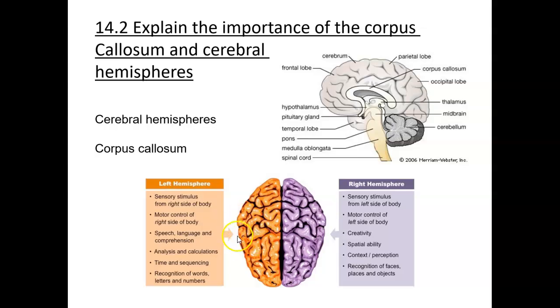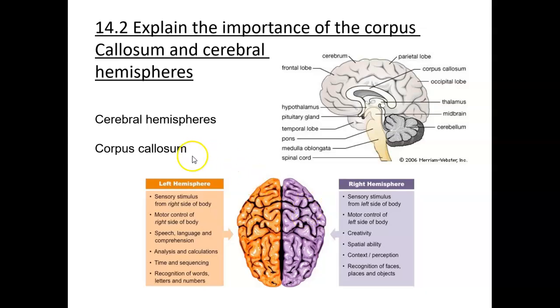Typically, that would be a stroke on the left side of the brain, because the left side of our cerebrum is involved with speech. And you can see here on the right side, there's a place that's involved in recognition of faces. There are certain conditions where people can no longer recognize people's faces. They can't tell one person from another. That would be damage to the right side of the brain.